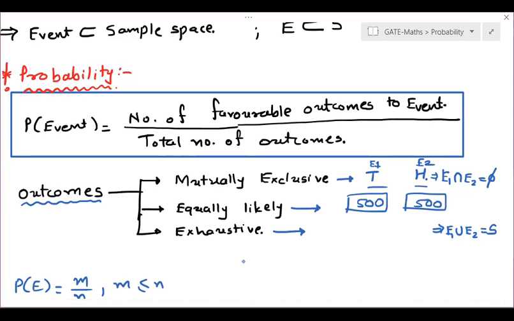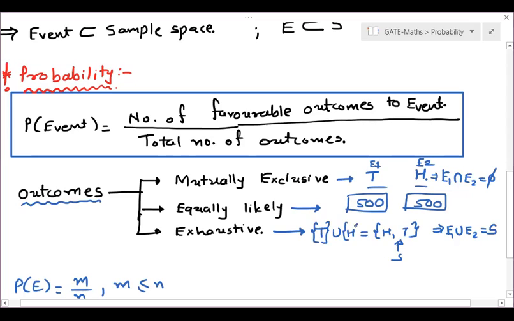Exhaustive means their union should be the sample space. So check here: tails union head is equal to head and tail. This is our sample space, and this is event 1 and this is event 2.